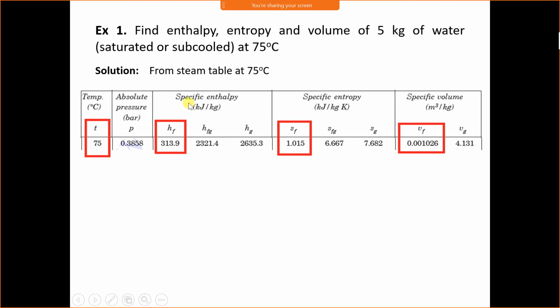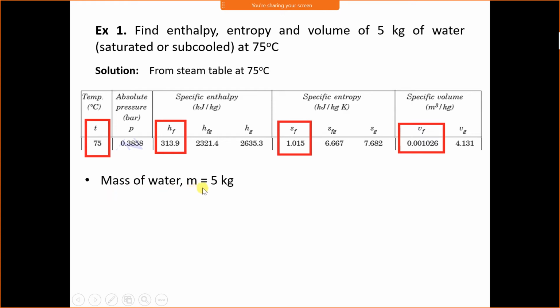The unit of specific enthalpy is kilojoule per kg. Whatever value of hf is given, 313.9, represents enthalpy for 1 kg. But we have to find enthalpy for 5 kg. Therefore, we will multiply it by 5 kg.